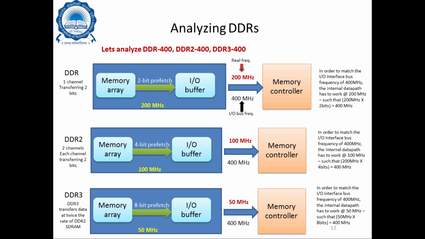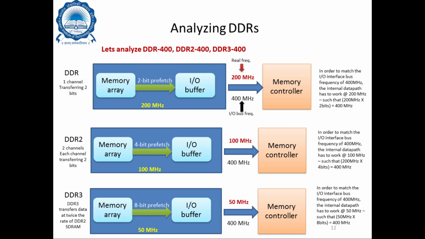So in order to match the IO interface frequency of 400 megahertz, the internal data path has to work at 200 megahertz, such that 200 megahertz times 2 bits gives you 400 megahertz. Okay, 2 bits of information is being sent per clock cycle.